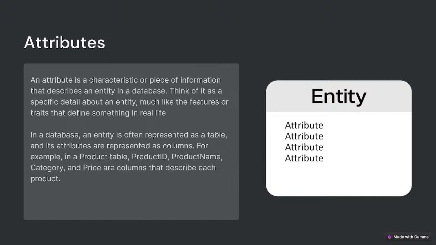An example of the attributes in the products table would be the product ID. That is something that describes the product, an ID. That is the name, price, and so on and so forth.